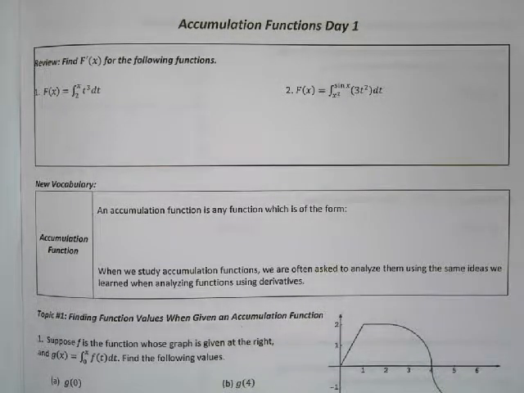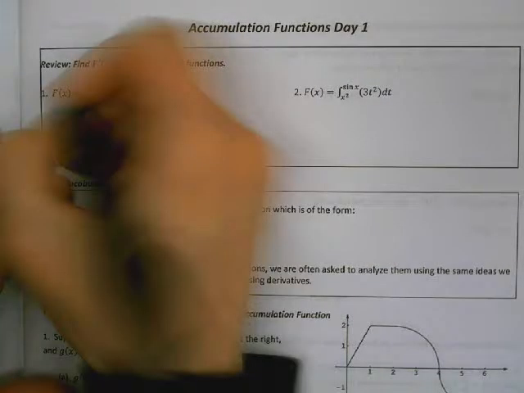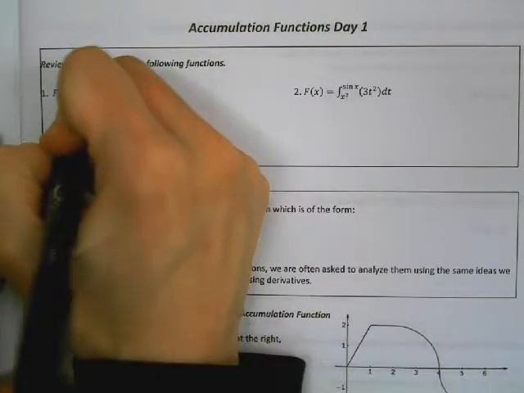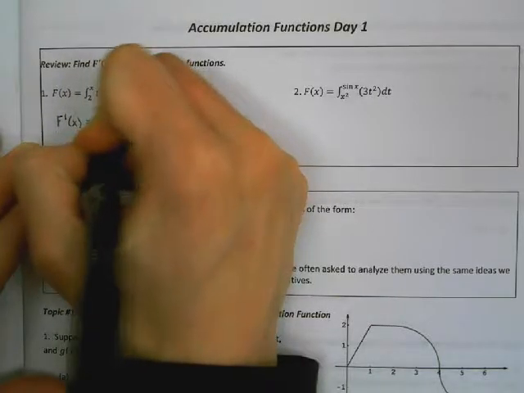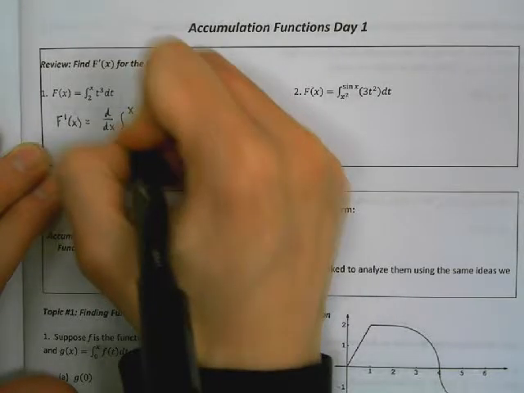All right, so to review, we're going to find f prime of x for the following functions. Now, here we have a function that's defined as an integral. And so to find f prime of x, we're going to take the derivative with respect to x of our integral.